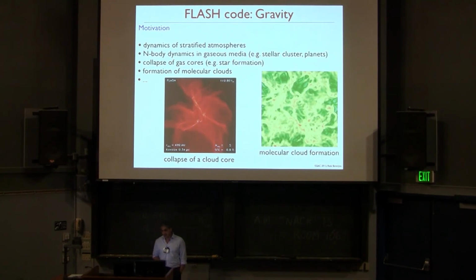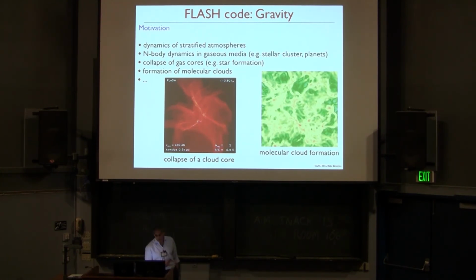So I guess there's very little motivation needed for why we need gravity on top of the hydrodynamics and magnetohydrodynamics you have heard about, in particular because this workshop is all about star formation and planet formation. So gravity is a necessity and a needed force, of course, to form stars and also molecular clouds.